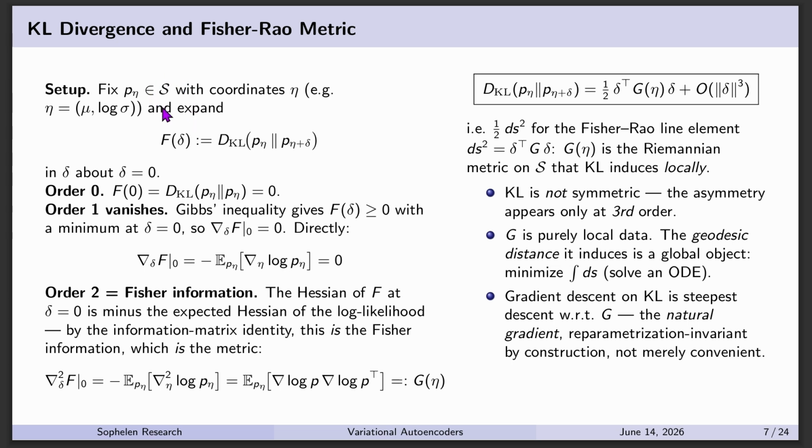Now, we are inside our statistical manifold. We can't just use the Euclidean metric because it wouldn't make sense. Because a small movement on a low variance axis is actually a large movement. But a small movement on a large variance is pretty much a small movement. So we need to use a metric that respects the geometry.